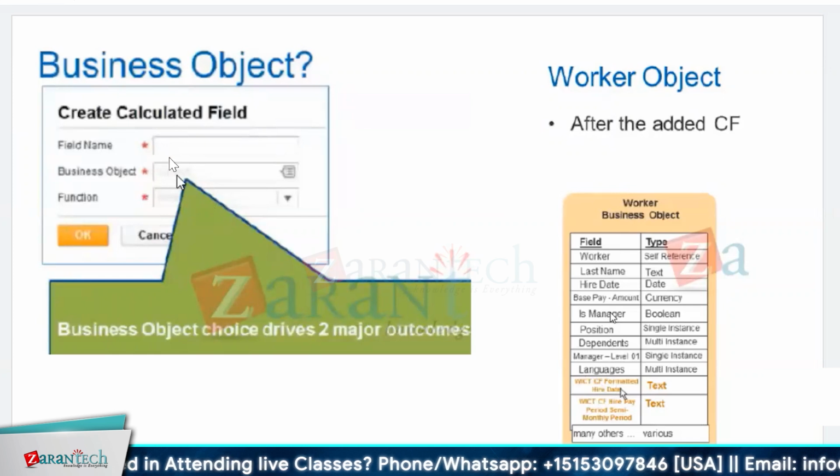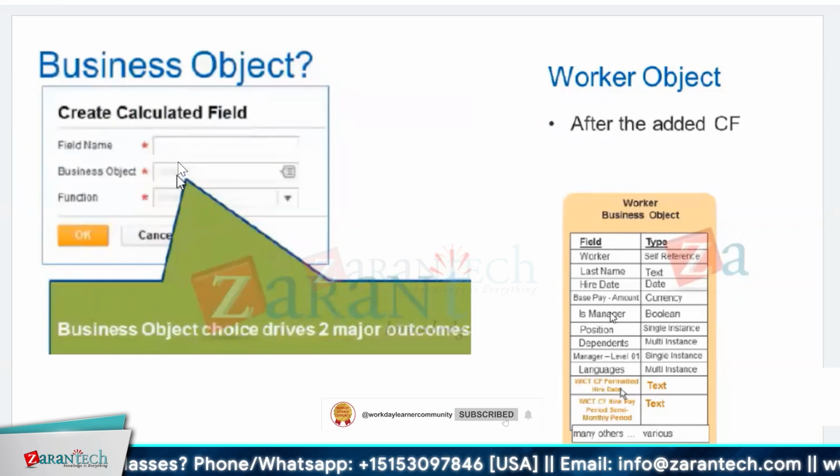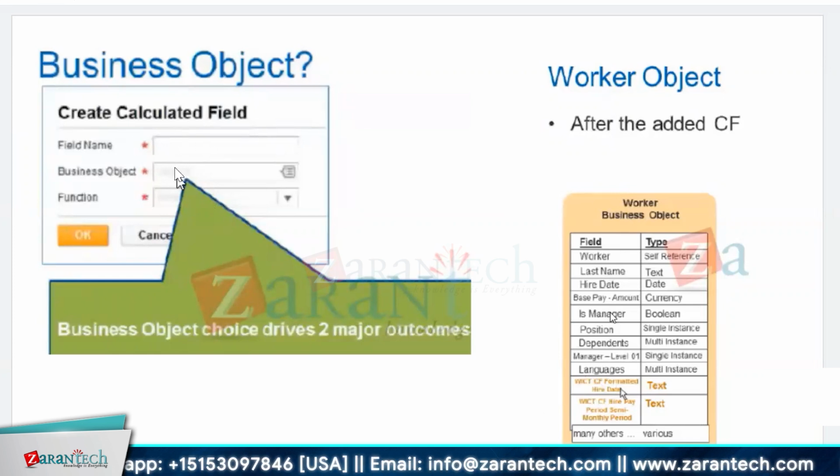But basically, wherever you create that calculated field, on whichever business object you use, when you go to that worker business object, you'll see those calculated fields there. It'll be part of that business object now. So anybody that wants to get at that specific calculated field would have to use the worker business object.